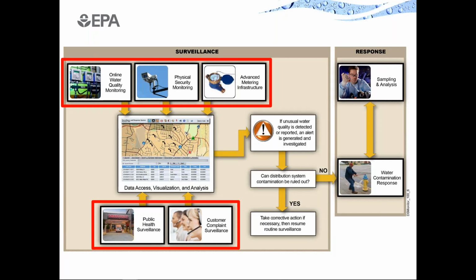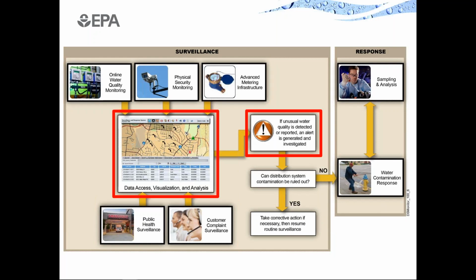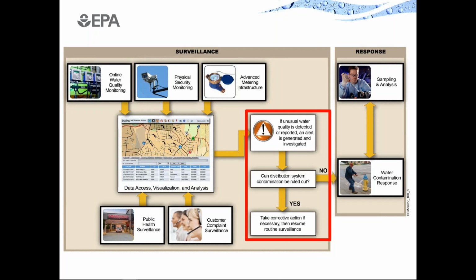And importantly, you can increase your strength of signal, or your confidence that something's actually happening in the system that warrants some attention, if you get information from multiple independent surveillance components. In the architecture, data from these surveillance components are monitored in real time, and an alert would be generated when an anomaly is detected. Then the alert would be investigated to try to determine whether or not it's a serious water quality problem like contamination.